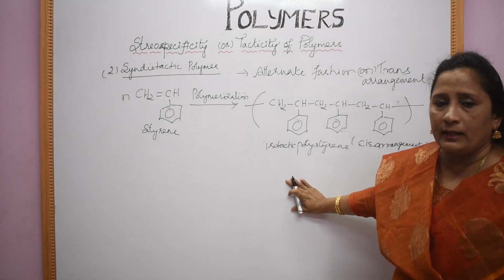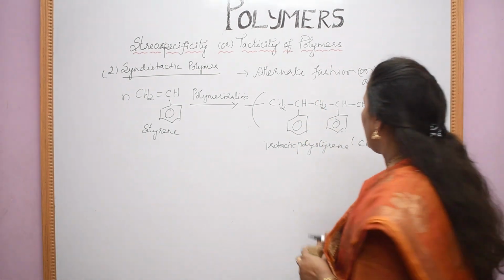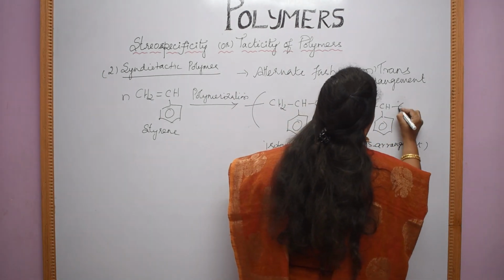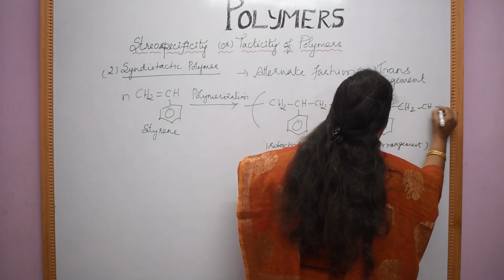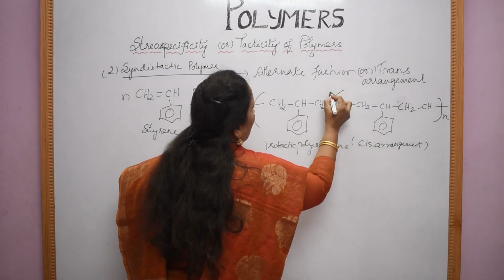The same example we can take and we will see how a syndiotactic polymer will look. So, we say that it is in the alternate fashion. So, how will the syndiotactic polymer look?